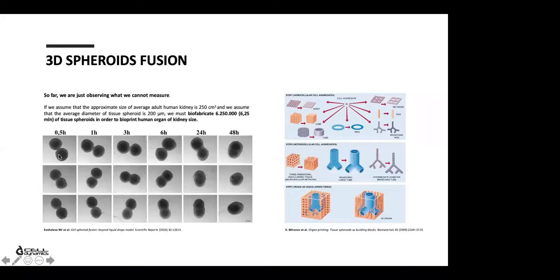So far, we are just observing these processes. We are trying to bioprint larger tissue, but we cannot quantify the biophysics of these objects. We cannot discriminate the biophysical properties of these individual spheroids from the properties of these bigger spheroids under fusion.